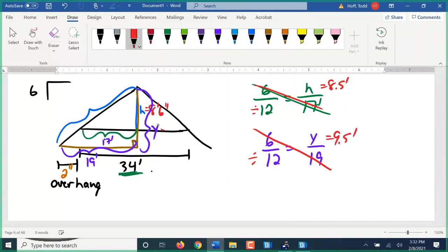That's 9.5 feet. So to find this top cord length, we are using that 9.5 feet of rise from the bottom of the tail and the 19 feet of run.